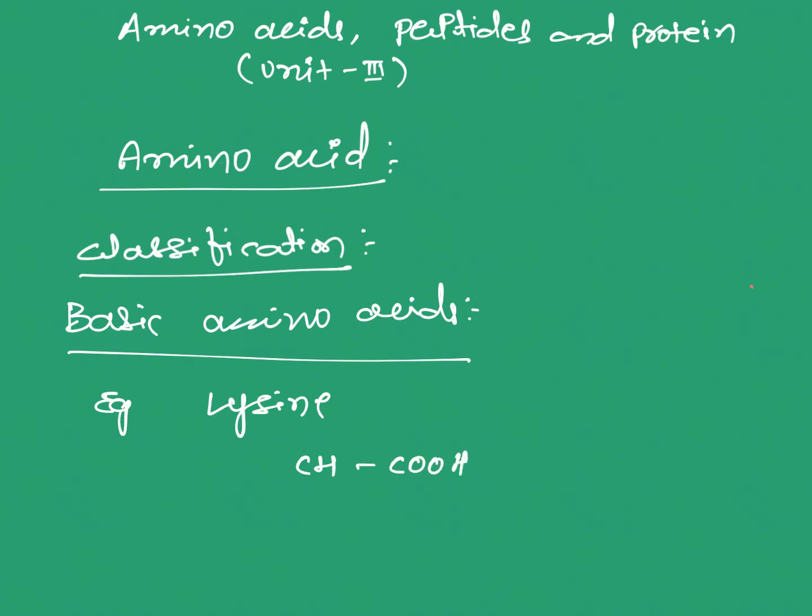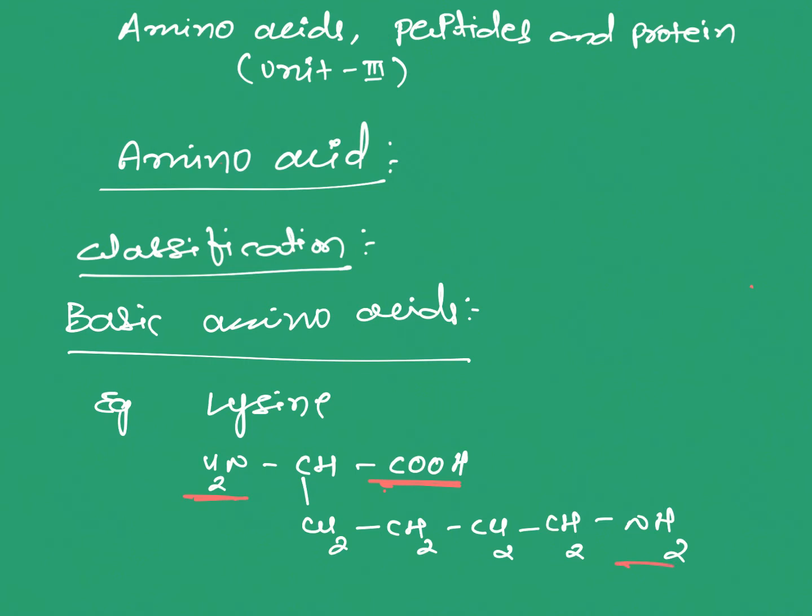COOH, NH2, and we have CH2, CH2, CH2, NH2. So here one acid group and one base group are present. Along with that we have an extra NH2 group, and you know that the NH2 group is a basic functionality. So we have an extra NH2, and these amino acids we call basic amino acids.